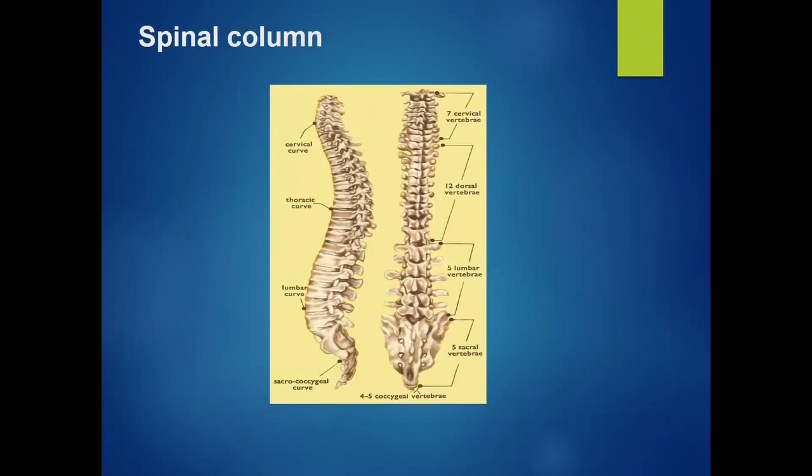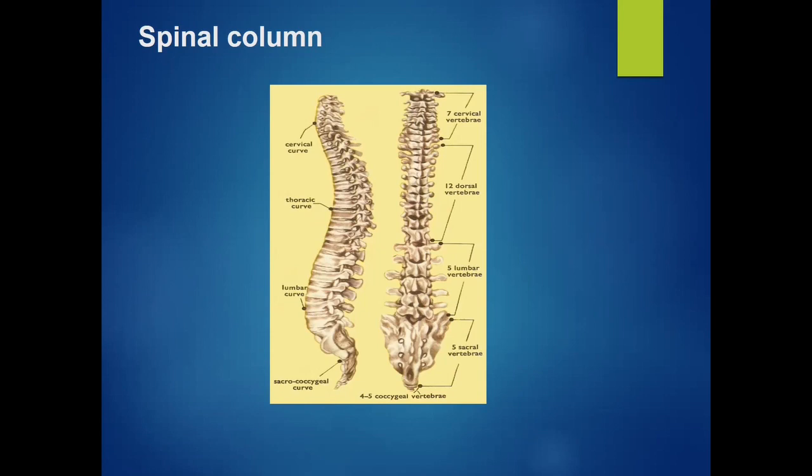The spinal column encloses the spinal cord as well as the fluid surrounding it, which we call cerebrospinal fluid. Each small bone forming the backbone is called a vertebra. There's usually 33 in total, and they're connected by ligaments and vertebral discs. There's usually 7 cervical at the top of the spine, and there's 12 thoracic, 5 lumbar, and 5 sacral.